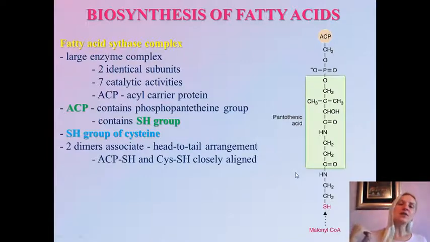Additionally, on the other side of the one subunit, we have again one more active sulfhydryl SH group, but this is the SH group from the side chain of cysteine.